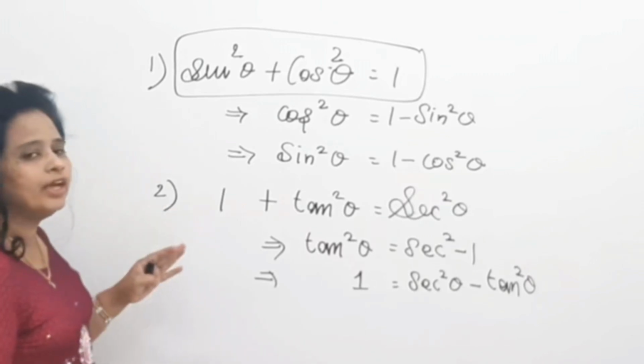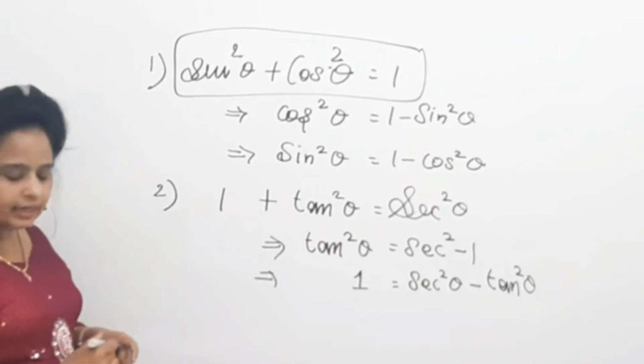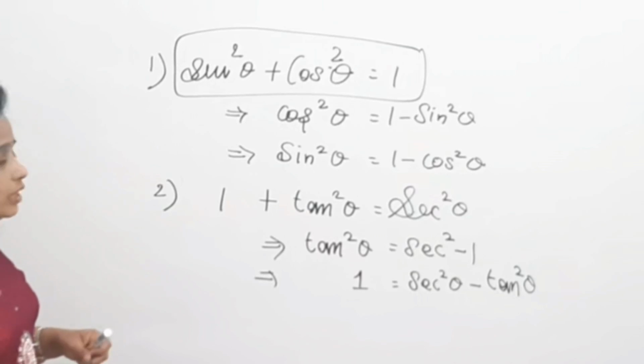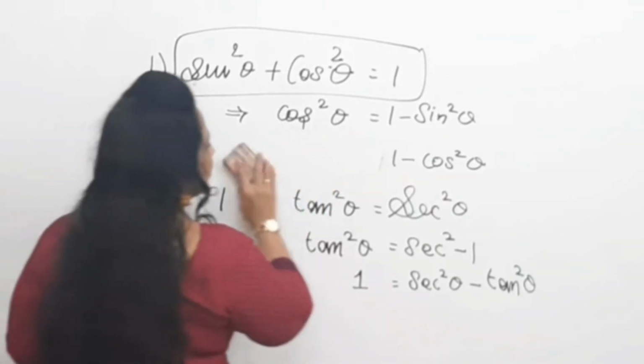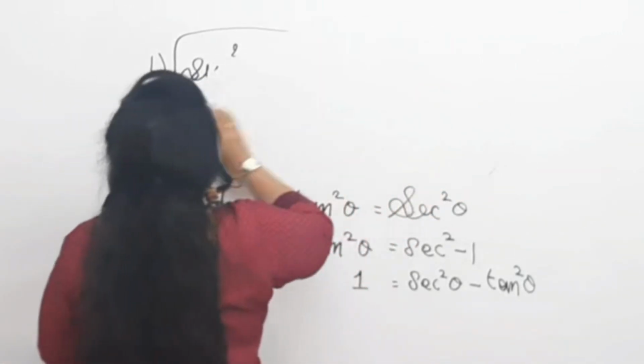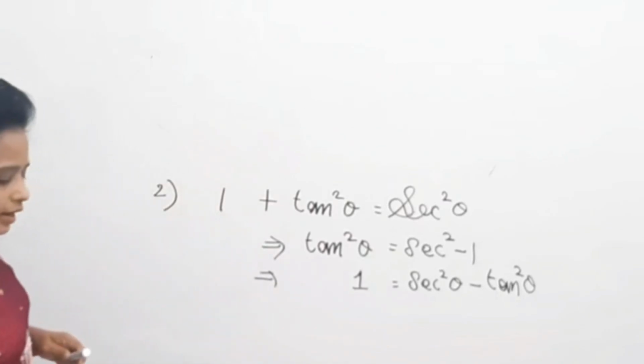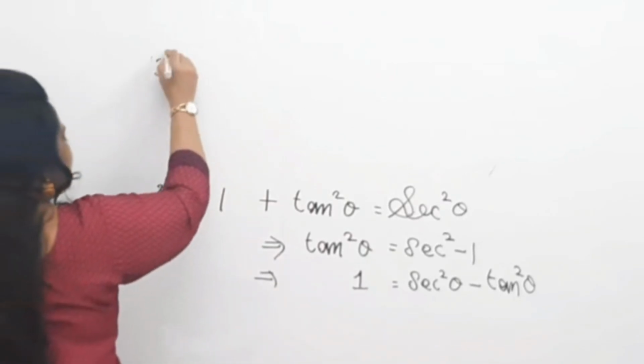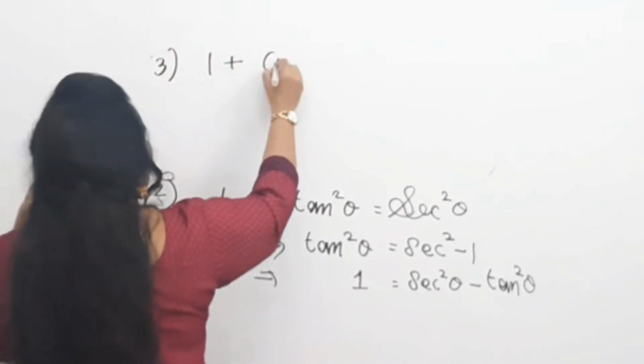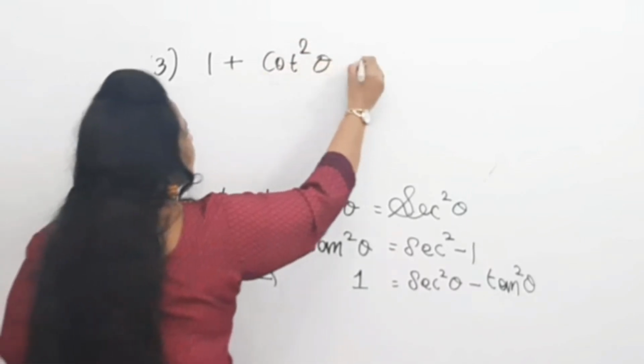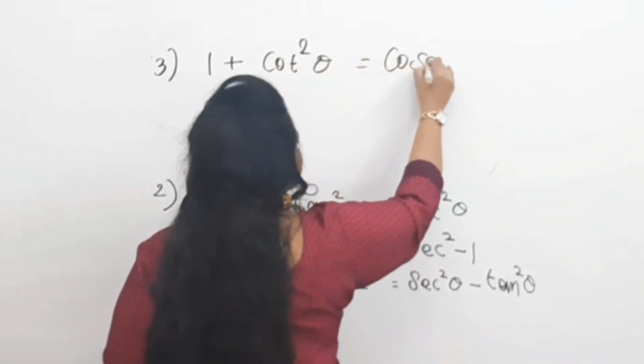In a similar way, we will get one more identity, which is 1 plus cot square theta is equal to cosec square theta. So, I would write my third main identity as 1 plus cot square theta is equal to cosec square theta.